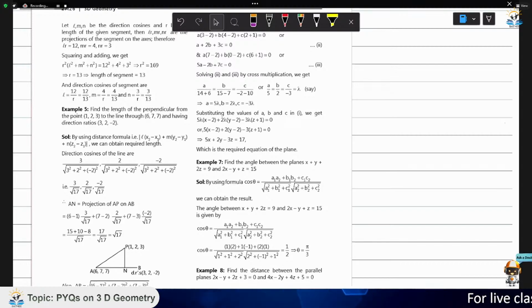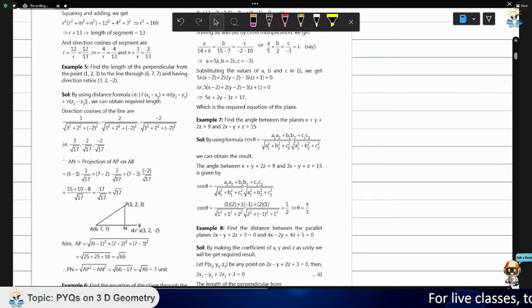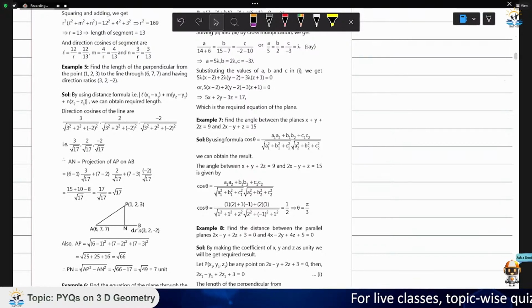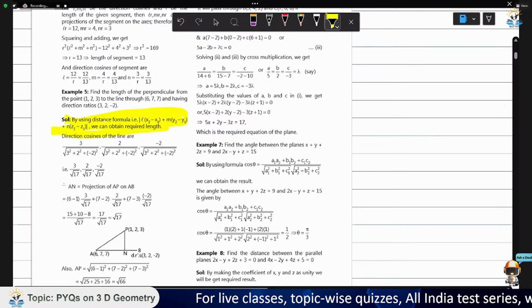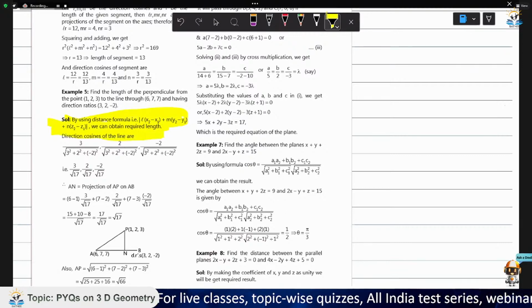So we have the direction cosines with us. Then the AN part becomes very easy to find out. AN, the projection of AP on AB, is equal to this. This is the formula, and you have to remember it.